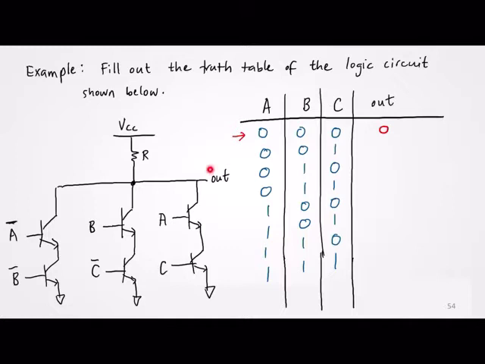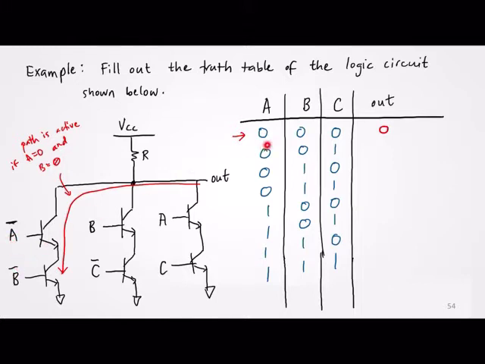If I look at the first branch here, this path is active only if A is 0 and B is 0, because that's A bar and B bar.